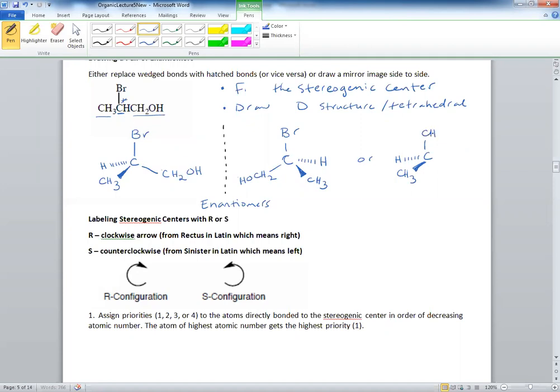I can put the CH2OH and the Br down here, and that should be an enantiomer of the other one. Again, do not do two switches. If you switch twice, you will go back to what you started with. So in this case, switch two groups.